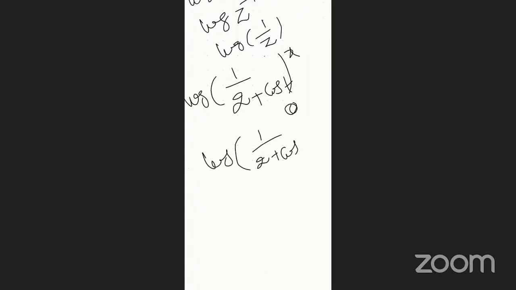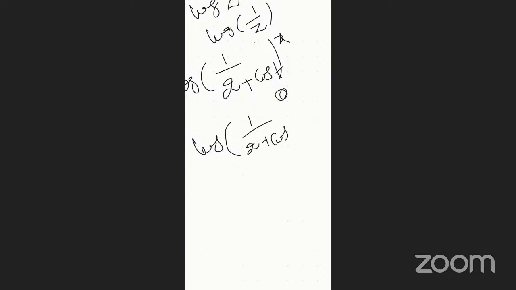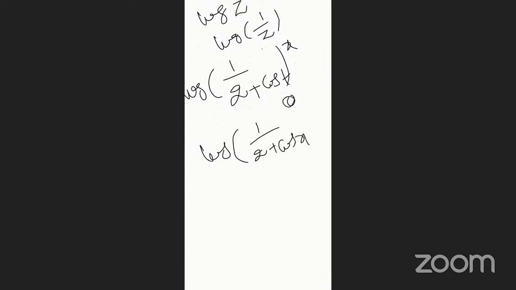Apply the limits 0 to x: log of 1 by 2 plus cos x minus 1 by 2 plus cos 0. So log of (2 plus cos x) minus cos 0, how much does it come? 2 plus 1 becomes 3.